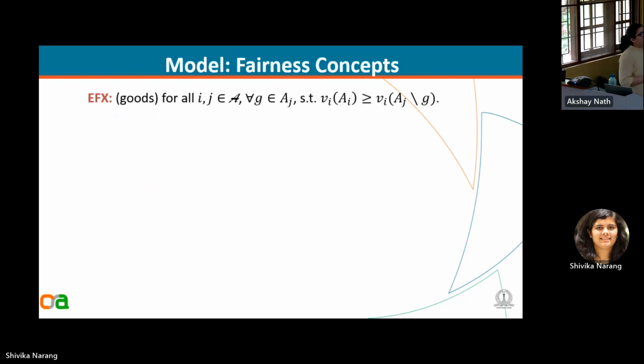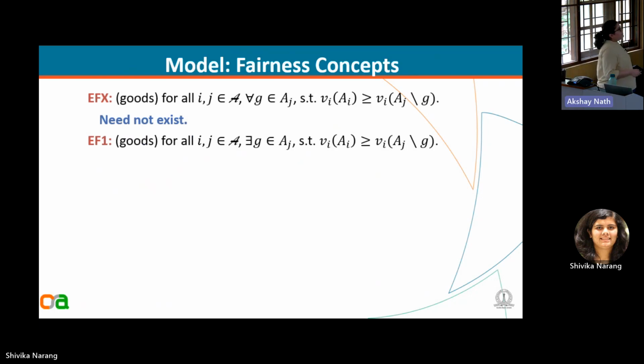What we see is that these do not exist for identical valuations, even for values that are not changing across the rounds, which is surprising because some of the most standard proofs that we have for EFX existing are for identical valuations.